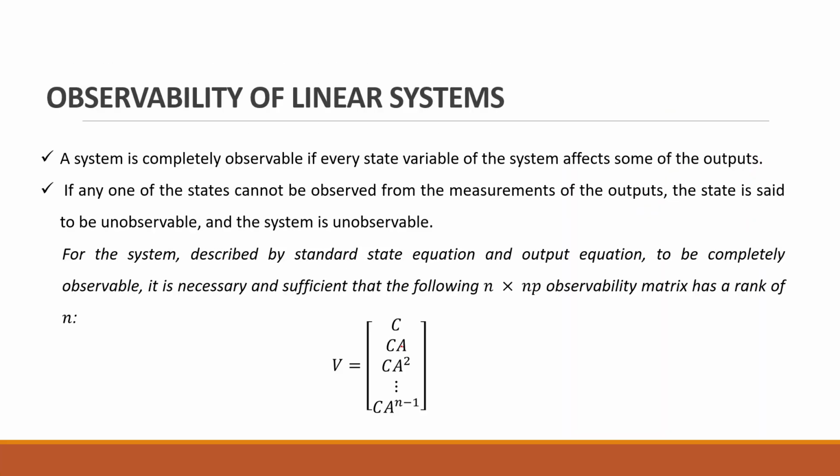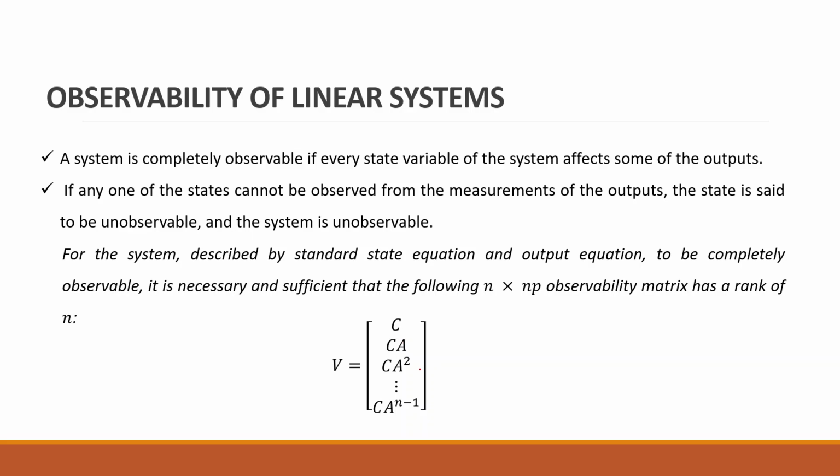Next we come to observability of linear systems. The system is completely observable when every state variable of the system affects some of the outputs. Similar to controllability analysis, observability is analyzed by considering the observability matrix and finding its determinant.